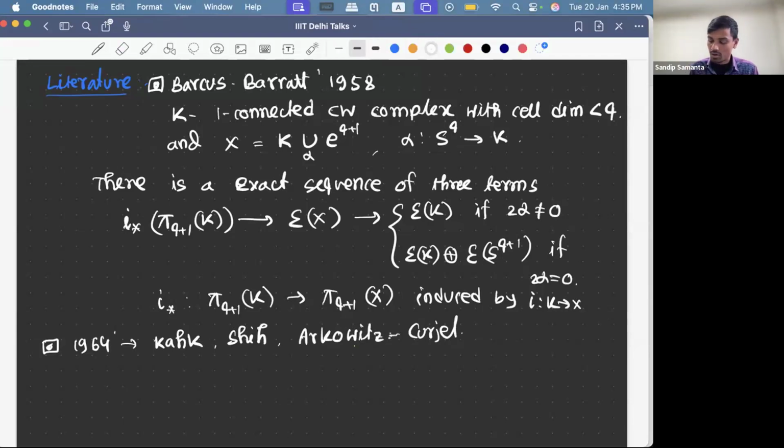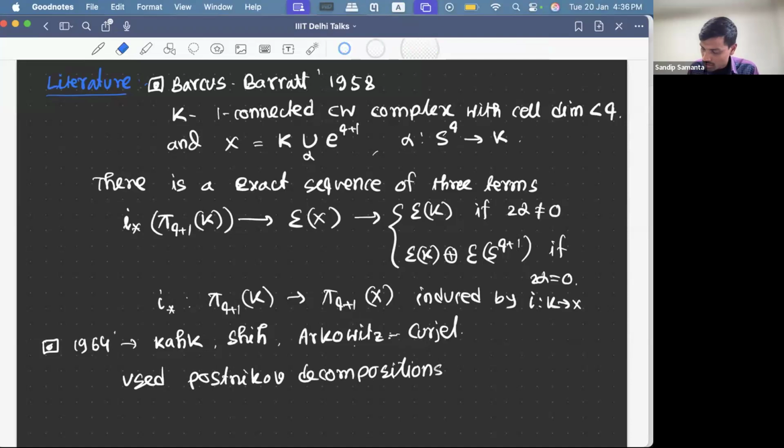They all in 1964 started studying this group EX, and they mostly used the Postnikov decomposition of spaces to get various exact sequences, and started saying what the group EX could be in specific cases.